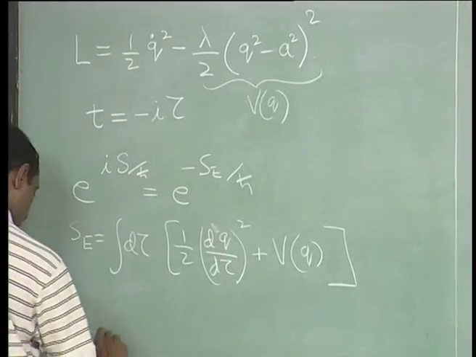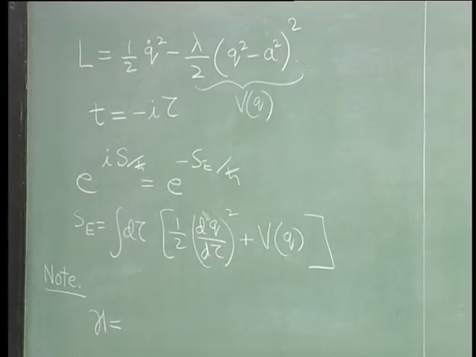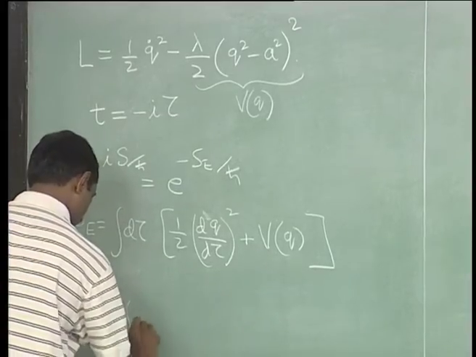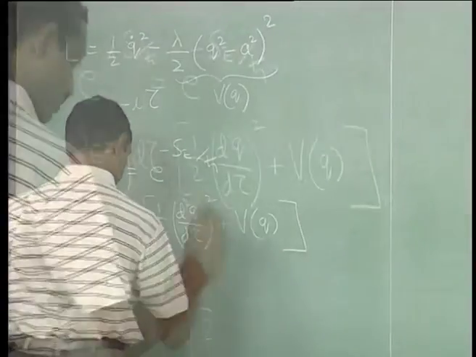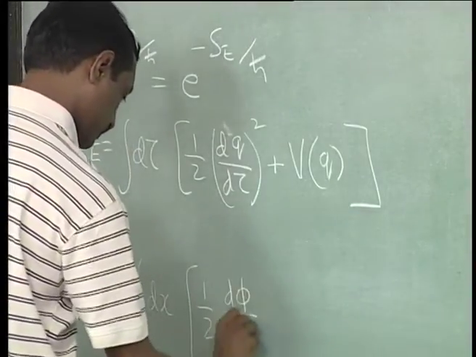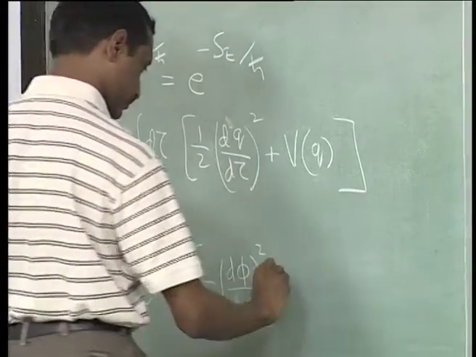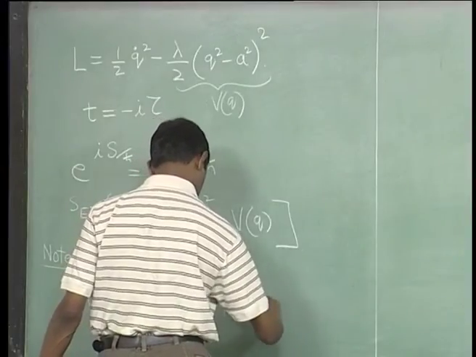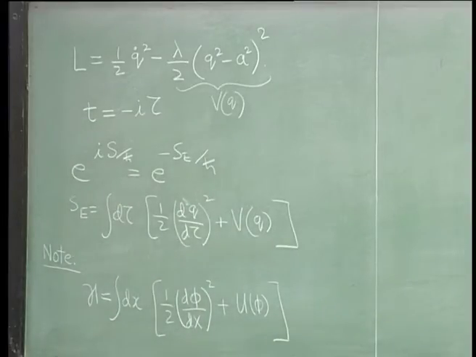Just note that you can compare this with the Hamiltonian density which you would have written for a 1 plus 1 dimensional theory when you are looking at time independent fields. This is the kind of thing which we had worked out long ago.